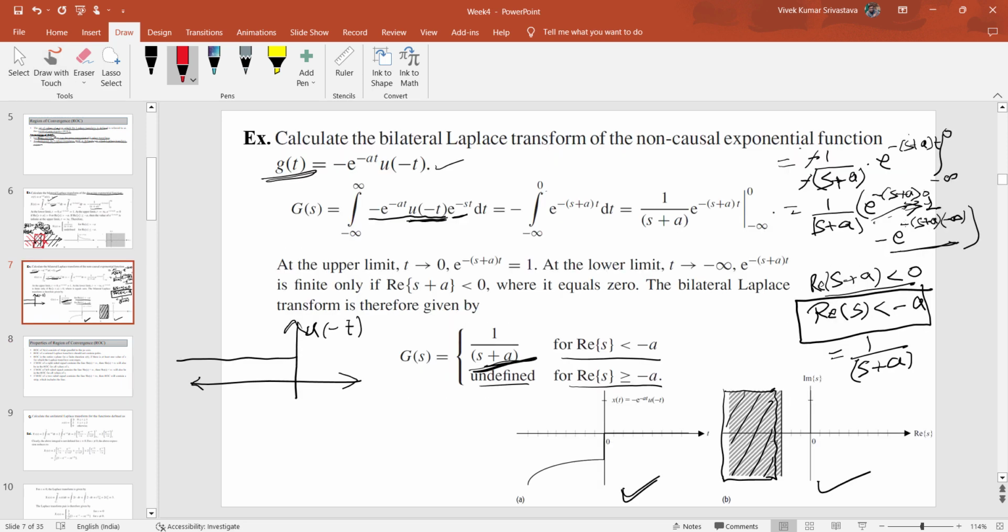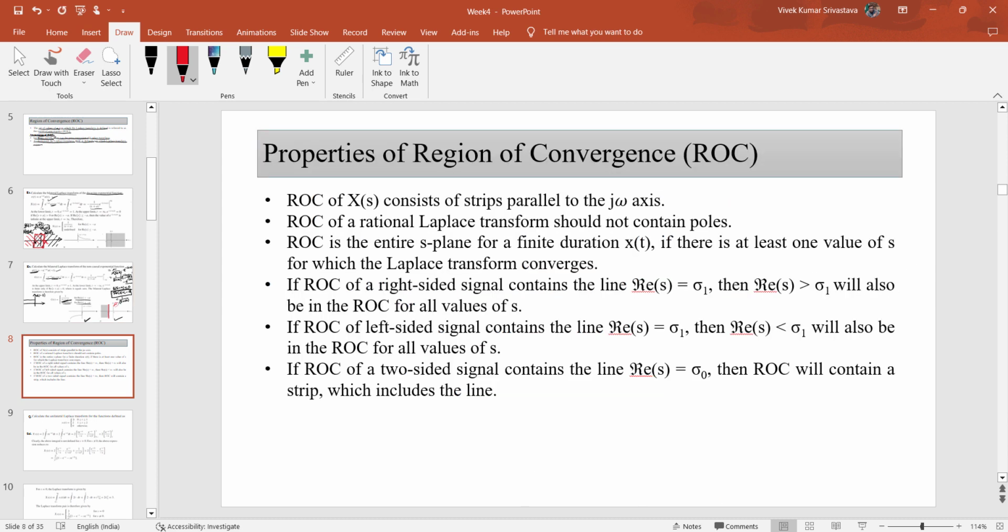In this example as well, we have seen that the region of convergence starts from, let us say, minus a, so it is basically a line parallel to the j omega axis. Here the imaginary part of s is j omega, so the region of convergence is always parallel to the j omega axis.